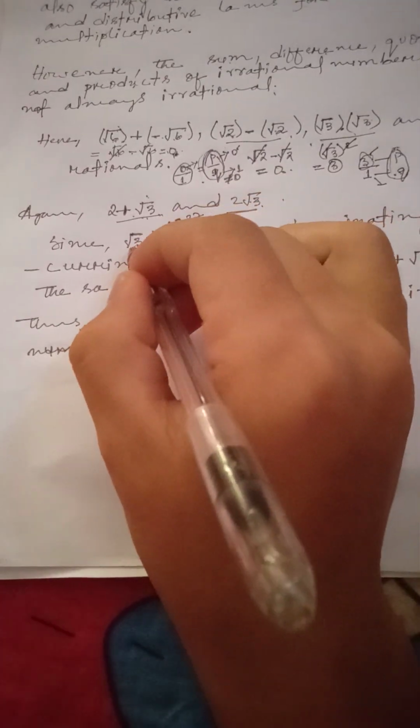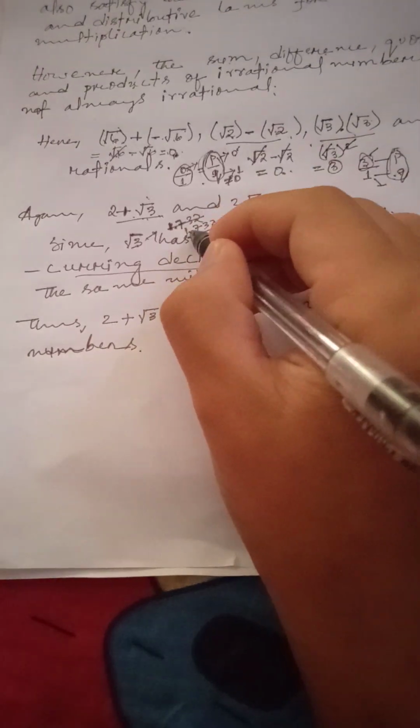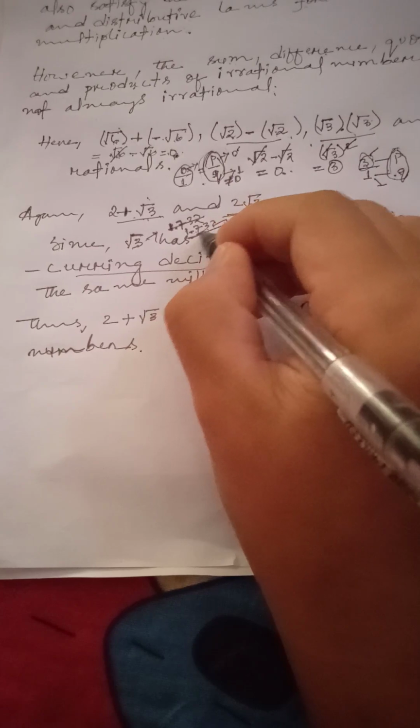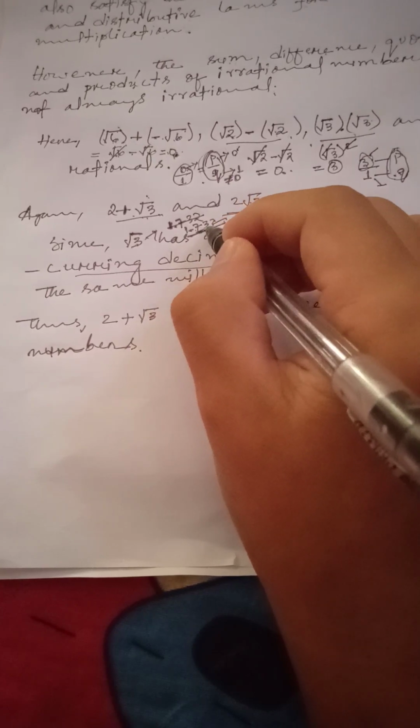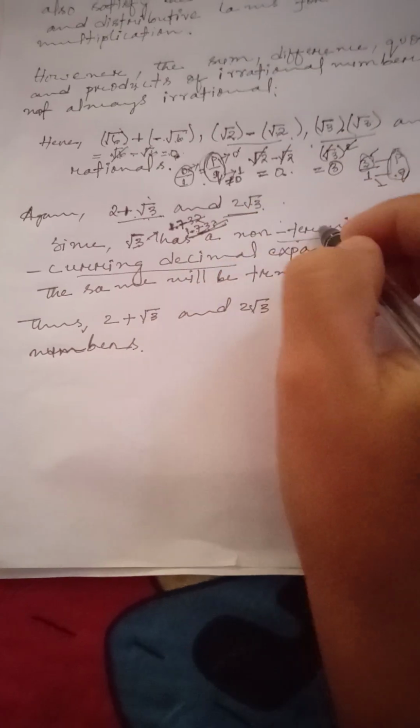So root 3 is non-terminating and non-recurring. That means root 3's value will not terminate, and moreover the numbers after this point will not repeat themselves again and again, so this is known as non-recurring.